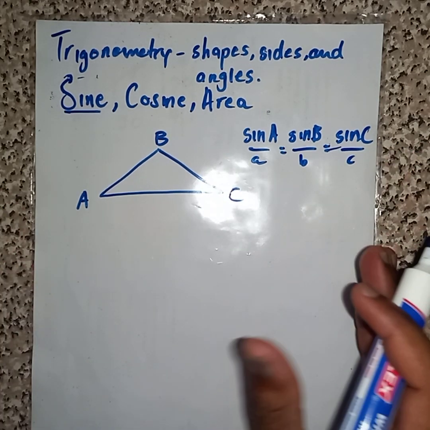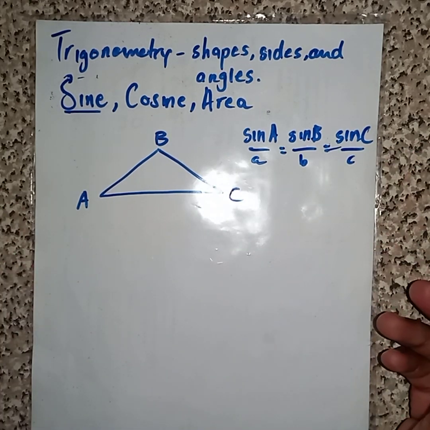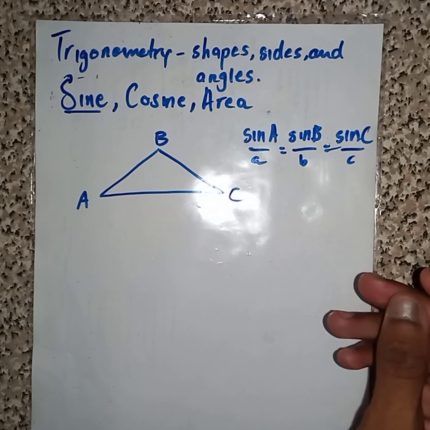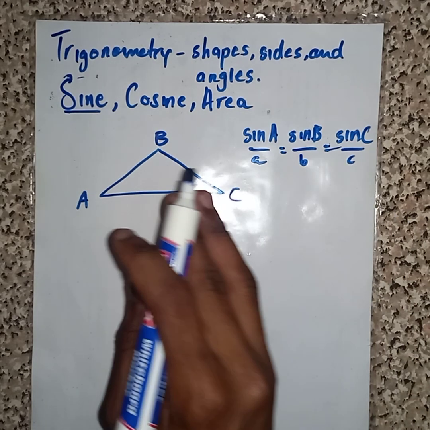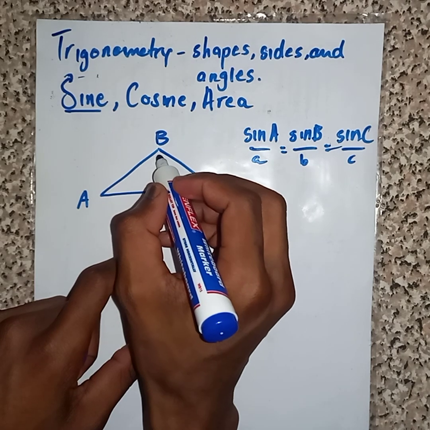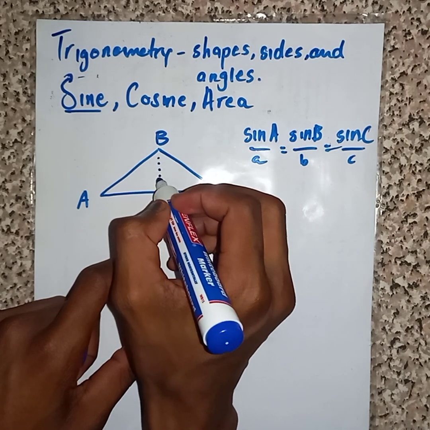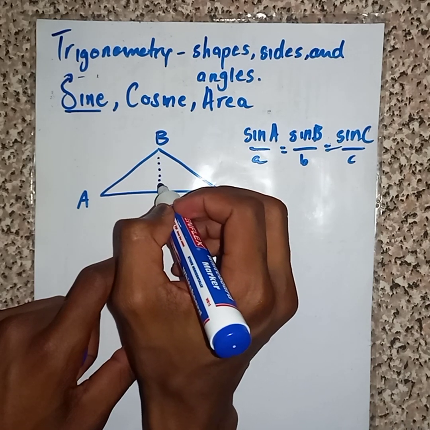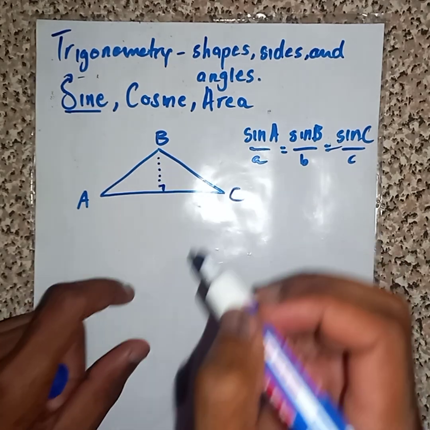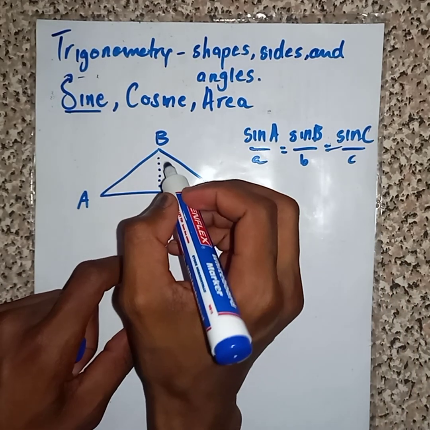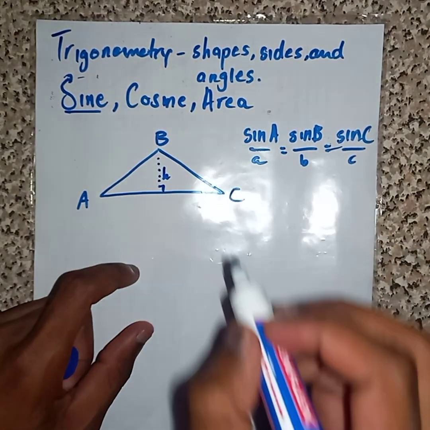We need to prove this formula. For us to prove this formula, we have to construct a height from the given triangle. We are going to construct an altitude, a perpendicular altitude. Let's call it h.